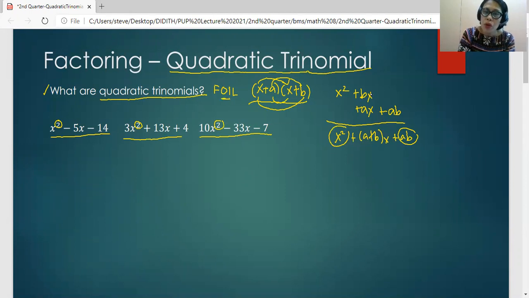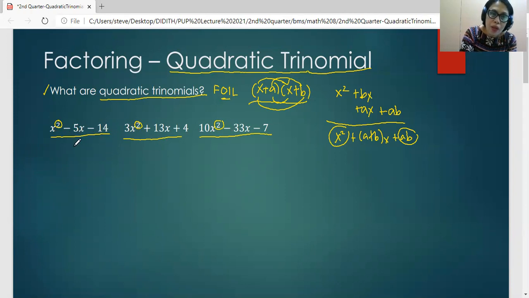Now, what we're going to do in factoring a quadratic trinomial is work backwards in relation to this FOIL, multiplying two binomials. So here, we are expecting that the factors of these quadratic trinomials are two binomial factors. For us to work on the factors, first, let's work on this first quadratic trinomial.